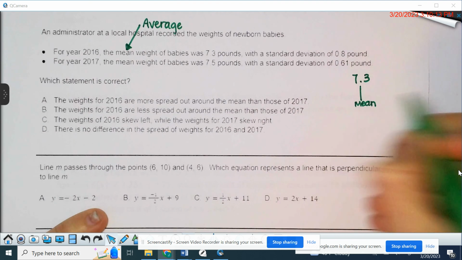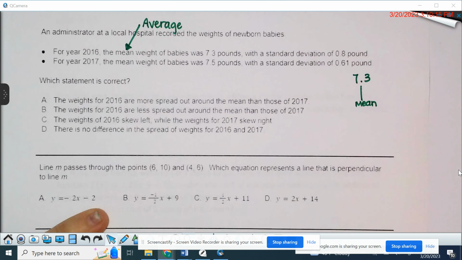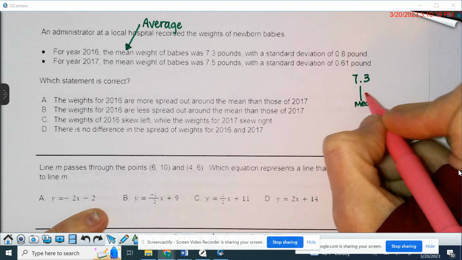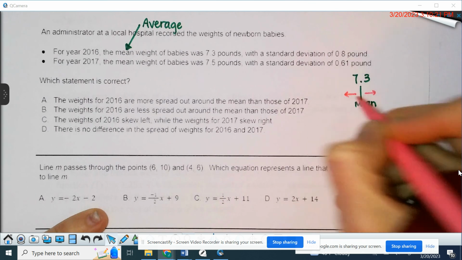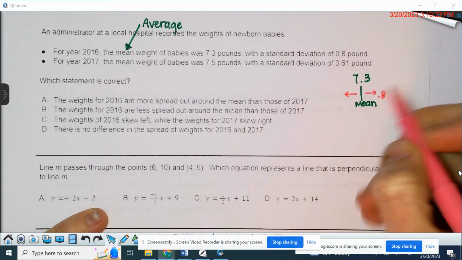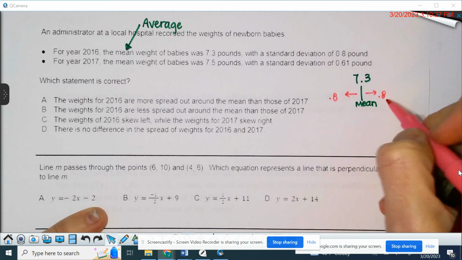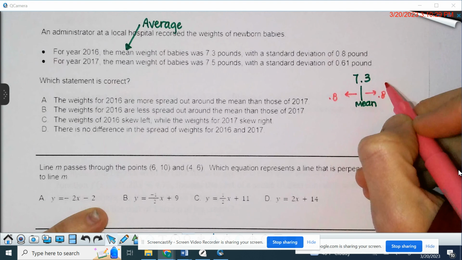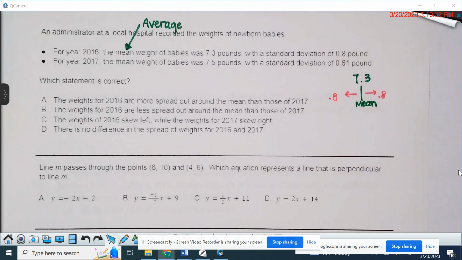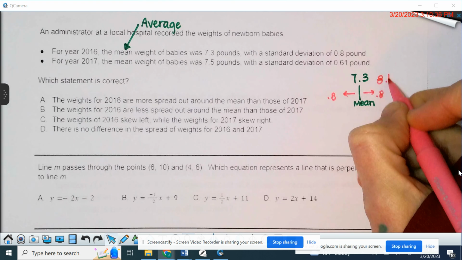Standard deviation is going to be a count to right to left of the averages, like the data around it. So that means 0.8 this way and 0.8 this way would be one standard deviation within the mean. So the one forward, like larger, would be 7.3 plus 0.8 would be 8.1. That would be one standard deviation away.